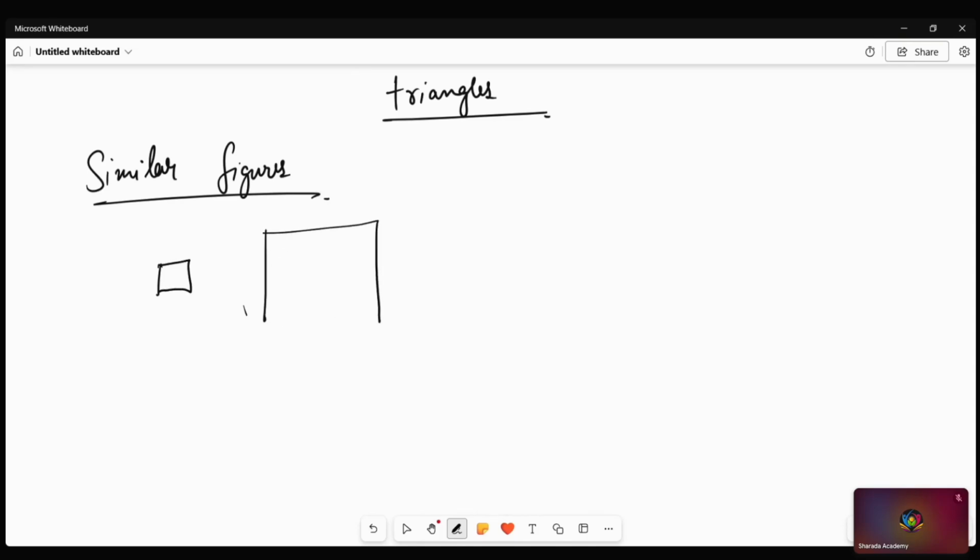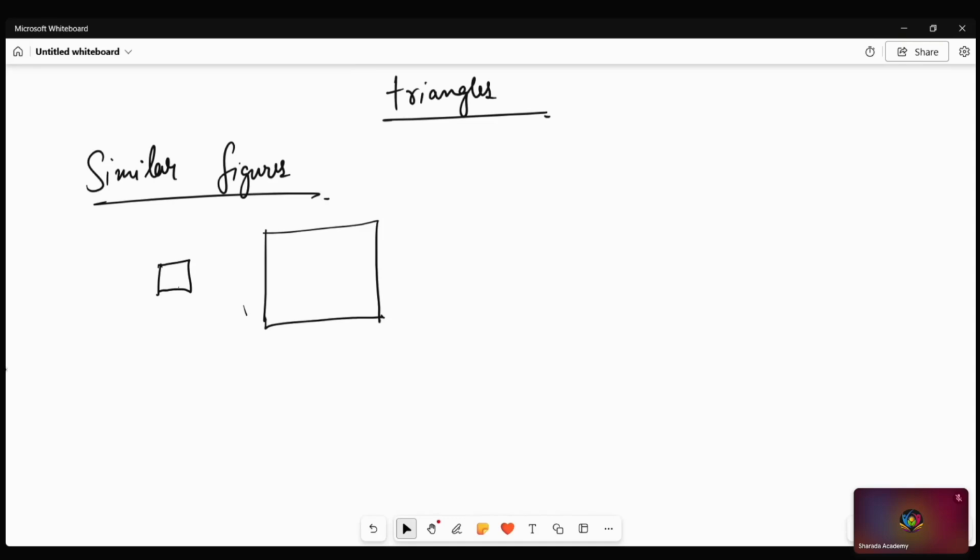They have the same shape, right? So they are similar figures, but their size is different. All squares will be similar, correct? Then circles also, all circles will be similar only. Only their size will vary there.